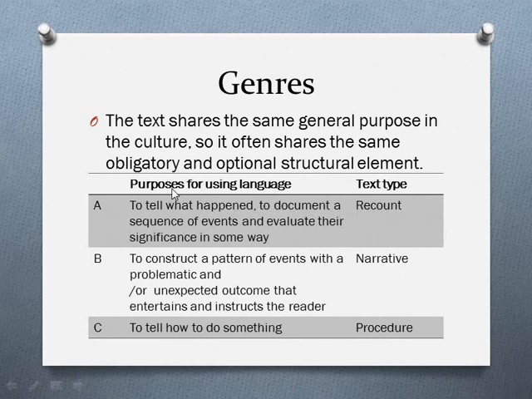If you write a text to tell what happened in the past, the text type is called recount. If you want to construct a pattern of events to entertain the reader, it is called narrative. If you want to write or say something to tell someone how to do something, the text is called procedure.